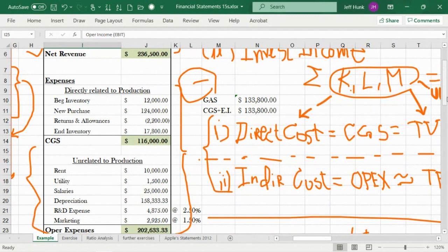Telecommunications, transportation. If you're a salaried worker, if you have a permanent job, and you have to drive to your work, this is a fixed cost, right?